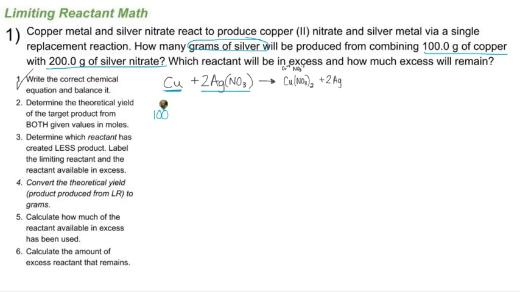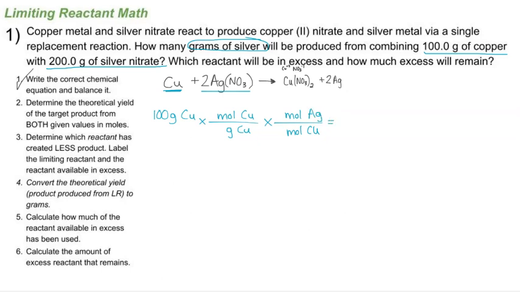So 100 grams of copper. I'm going to go grams of copper to moles of copper, and then moles of copper to moles of my target product, which is silver, moles of silver.